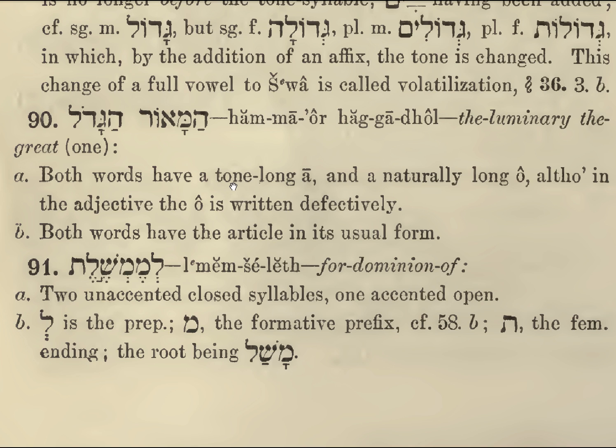Both words have got a tone long a and a naturally long o, even though in the adjective it's written defectively, whereas here it's written full. Both words have got the article in their usual form, ham and hag. So ha with the dagesh forte, ha with the dagesh forte.